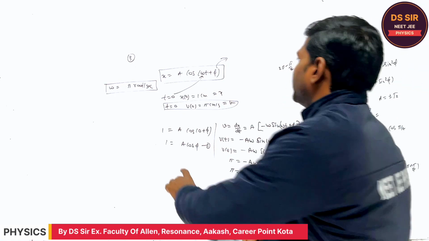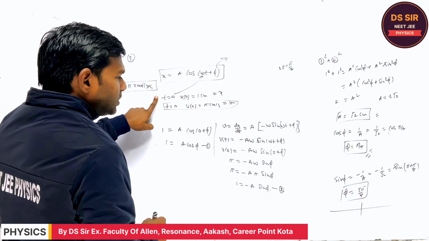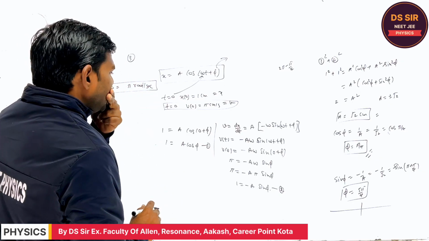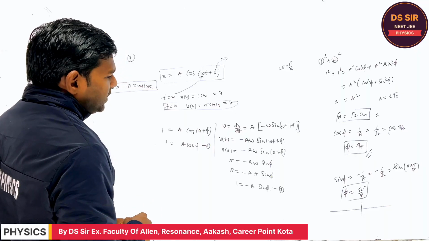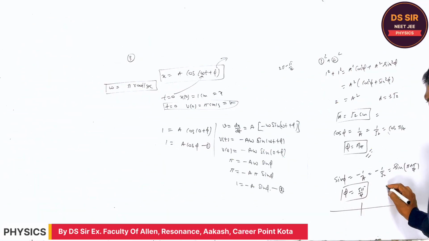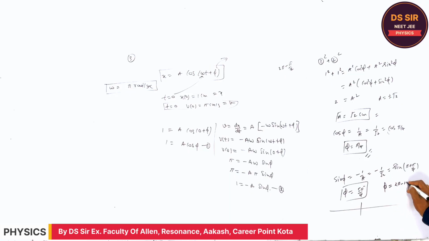Wait for 1 minute. The initial phase we have to find in a correct way. So for the initial phase, phi may be also 2 pi minus pi by 4, because if cos phi is 1 by root 2, there may be two values of phi.